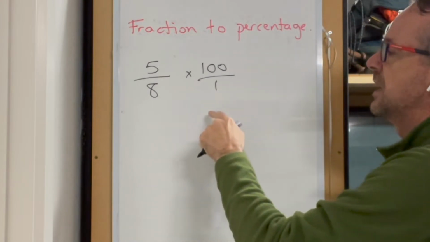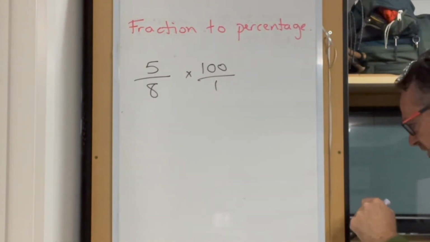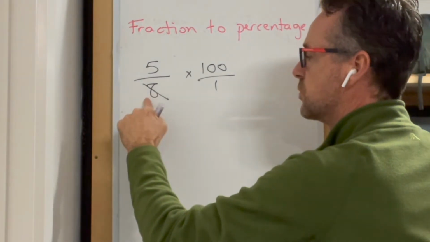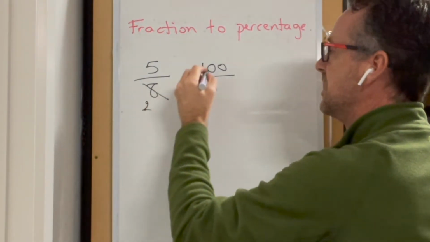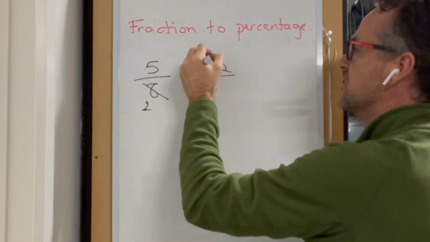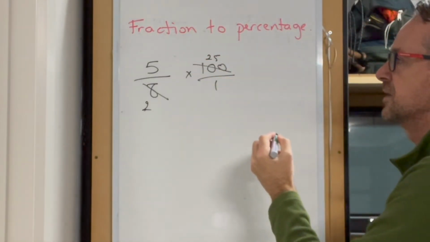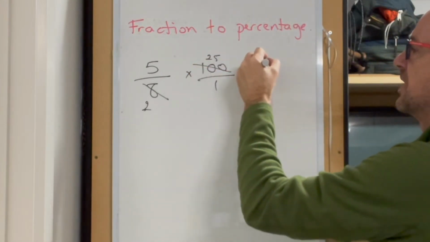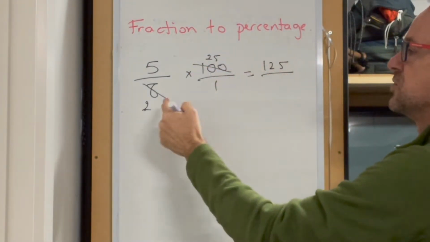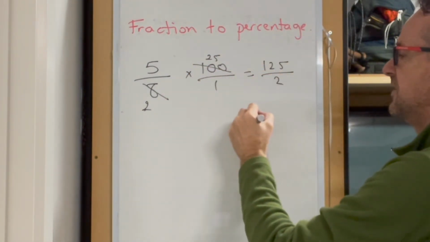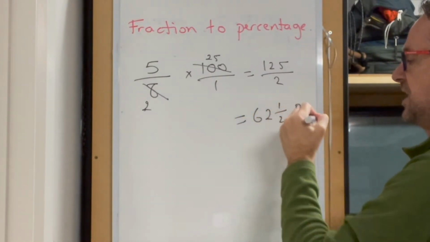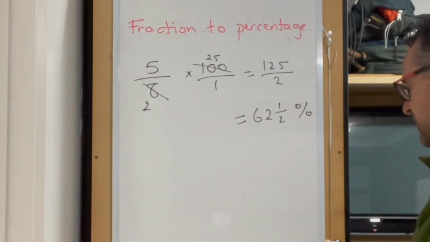Here, a number that goes into both of them is 4. 4 goes into 8 twice, and 4 goes into 100 25 times. From there, we can do 5 times 25 is 125, and 2 times 1 is 2. So that's going to give us 62.5% as our answer, or 62 and a half percent would also be fine.